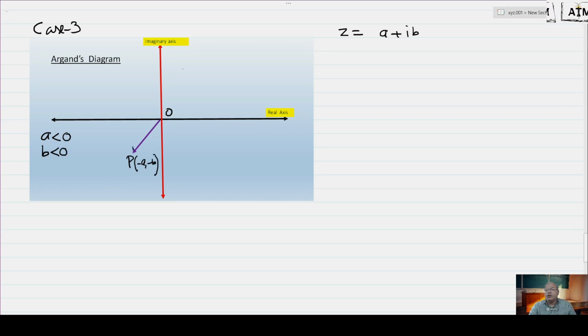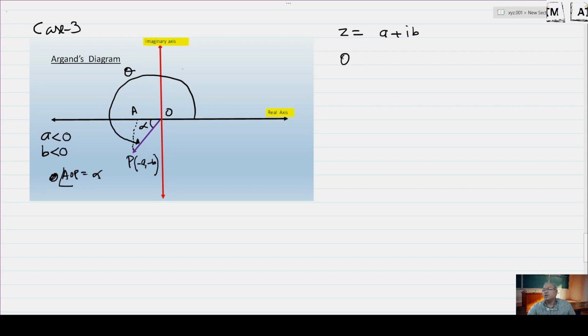Now from the point P, draw a projection cutting the real axis at the point A. Let us call the angle AOP equal to alpha, and this angle theta. So theta is nothing but the angle made by OP in the positive direction of the x-axis.